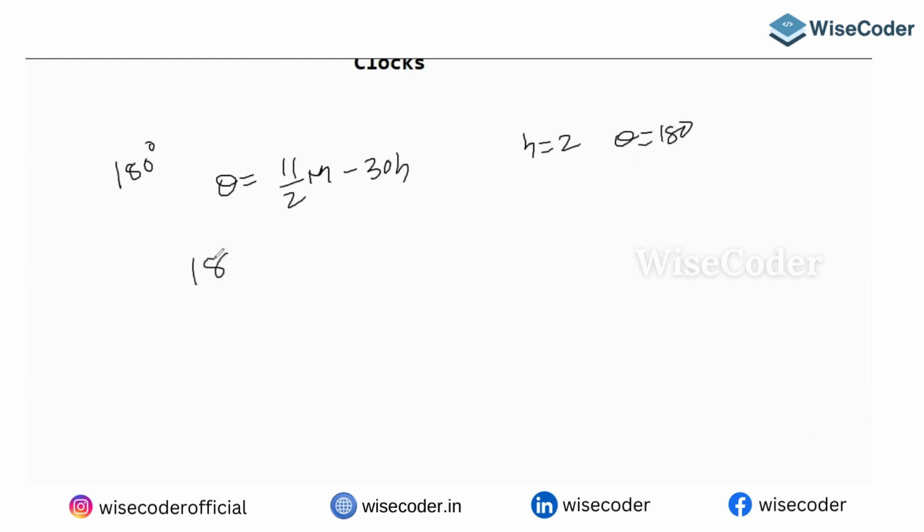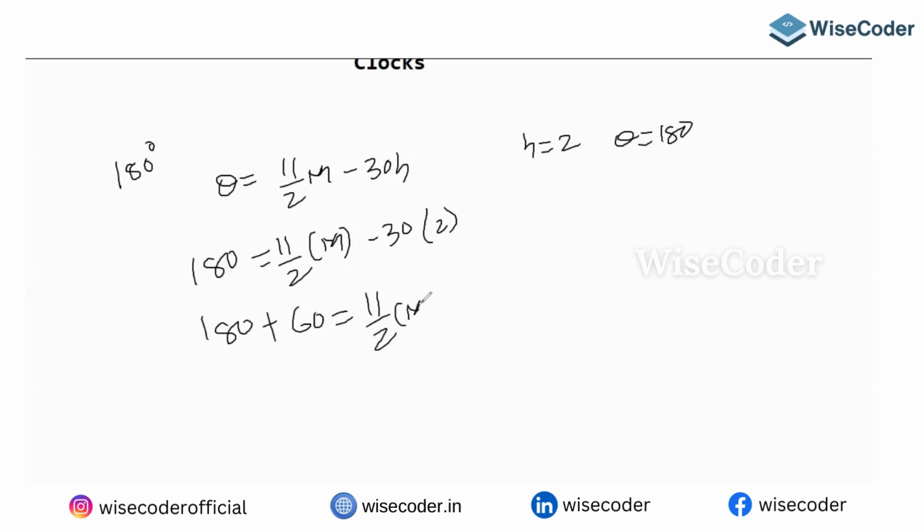So 180 plus 60, which is equal to 11 by 2 m.